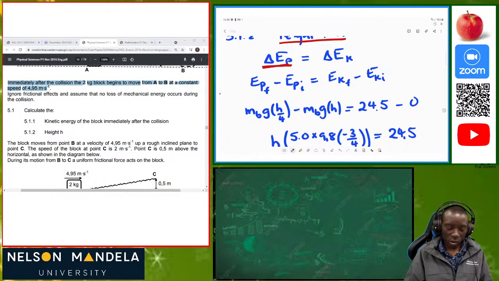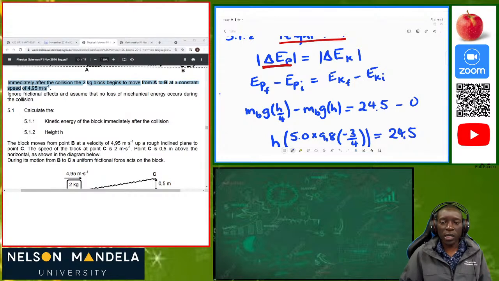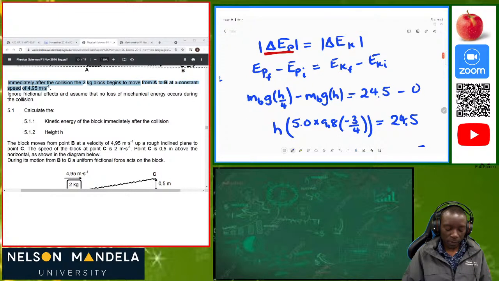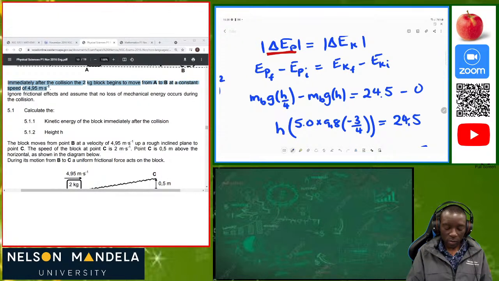So maybe the best way to present this is to say the magnitude of the change in that is equal to the magnitude of the gain in kinetic energy, or the change in the potential energy is equal but opposite to the change in the kinetic energy, because the potential energy decreases while the kinetic energy increases. So that would be related with a negative sign. So now this change is final potential energy minus initial potential energy equals final kinetic energy minus initial kinetic energy.